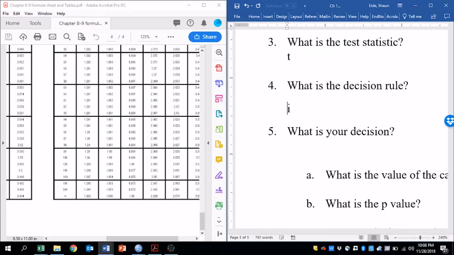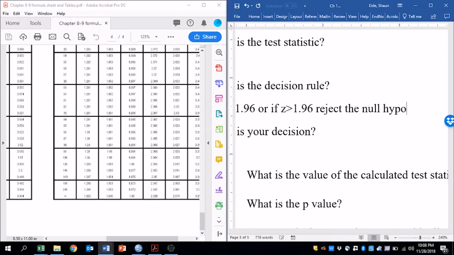If Z is less than negative 1.96, or if Z is greater than 1.96, reject the null hypothesis.